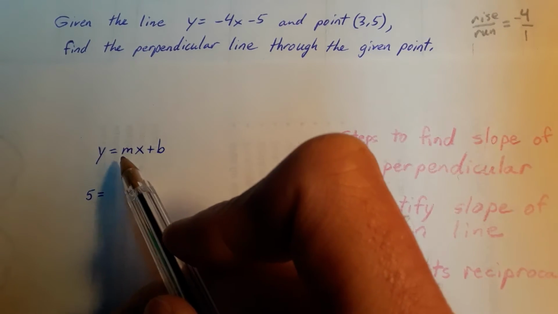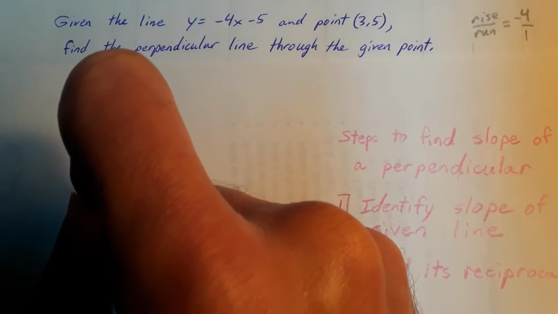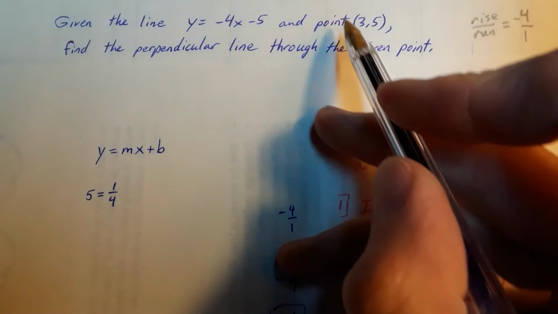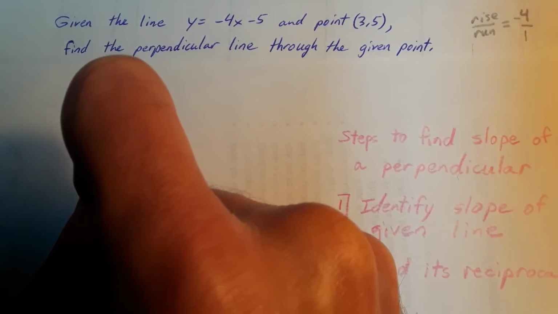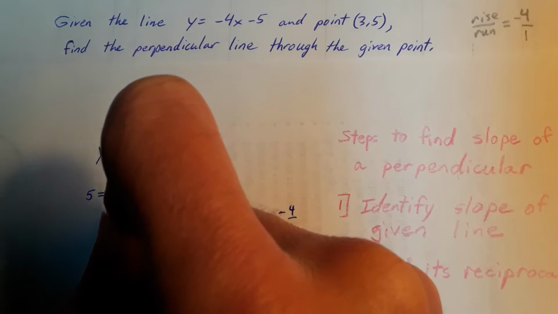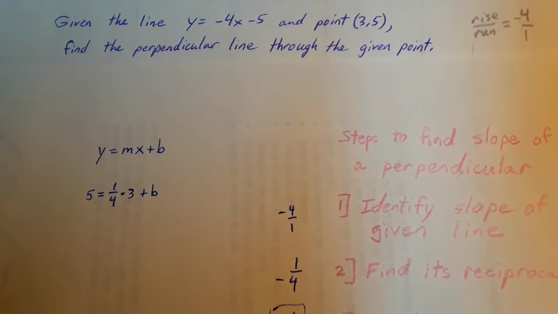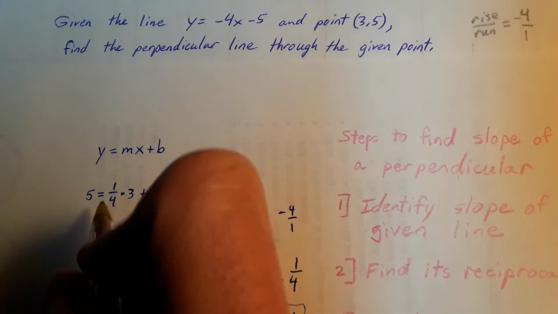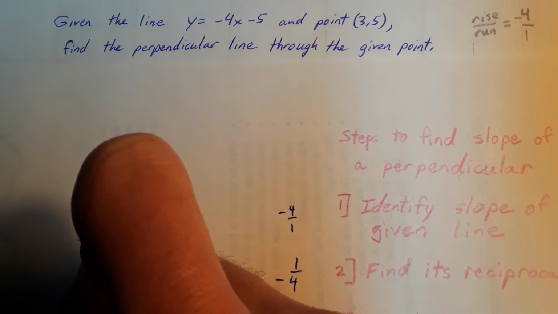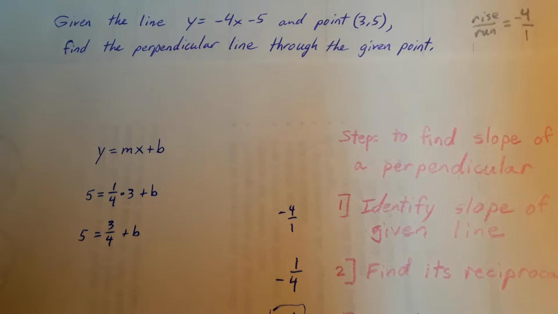The slope here is this new slope that I found down here, so that is 1/4. The x is going to come from this point again, and this is an implied multiplication, and so I'm not going to know what my b value is here, and that's what I'm going to solve for. It's my only unknown. And so I have 3 times 1/4 is going to give me 3/4. And so we'll clean this up a little bit.